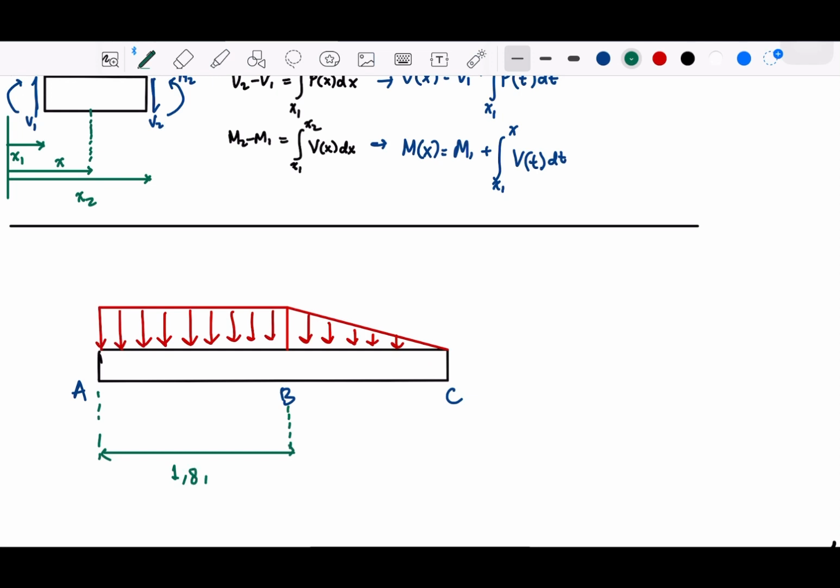So this is 1.8 meters, and this is another 1.8 meters. It's supposed to be in the middle, but let's make it more proportional. And then we have the external loads.